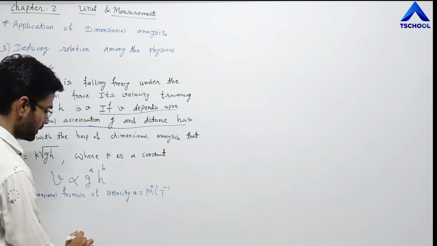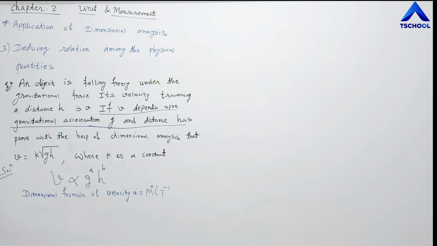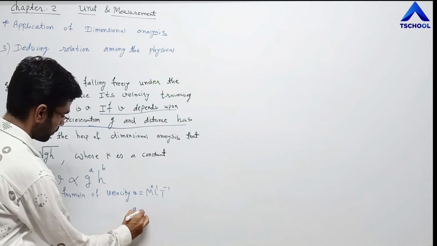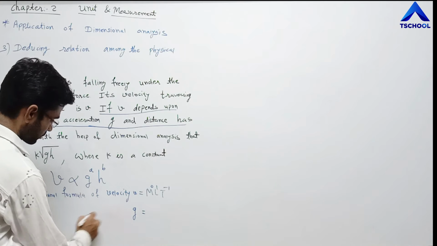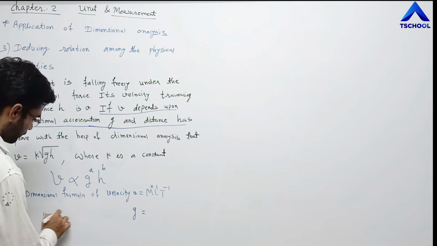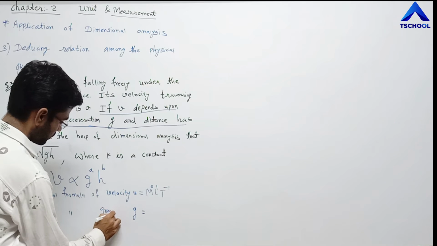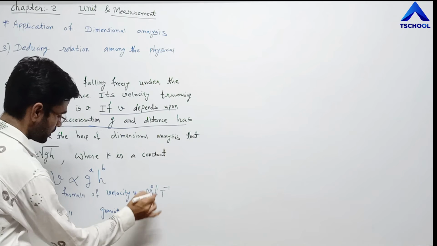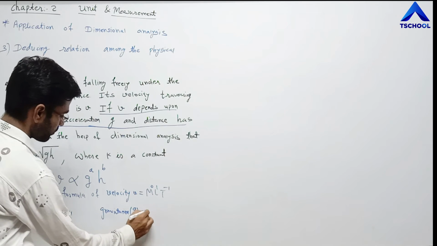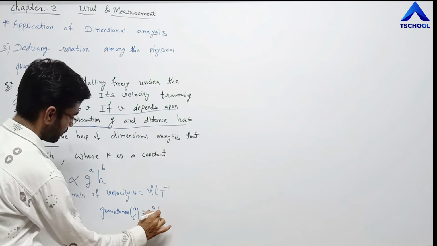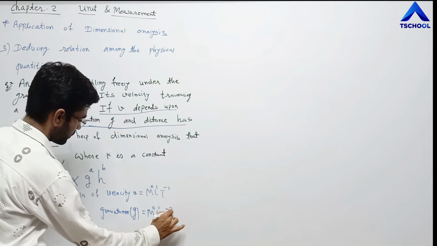The dimensional formula of acceleration due to gravity g is M0 L1 T minus 2.